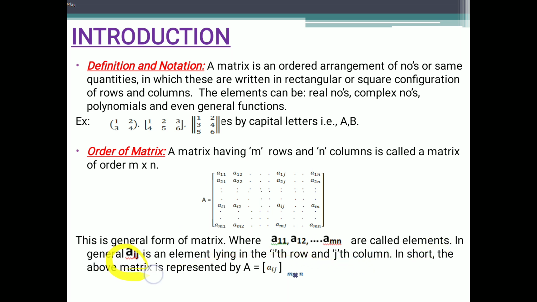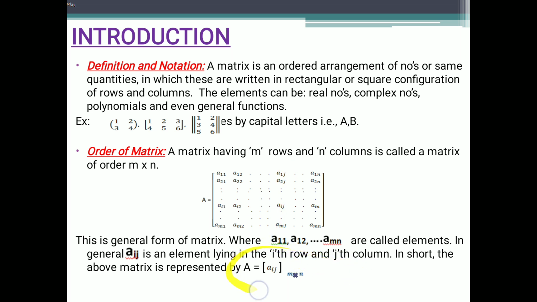In general, Aij is an element lying in the ith row, where i can be 1, 2, 3, any row, and the jth column, where j can be any column. Aij represents the element in the ith row and jth column, which will have some value.